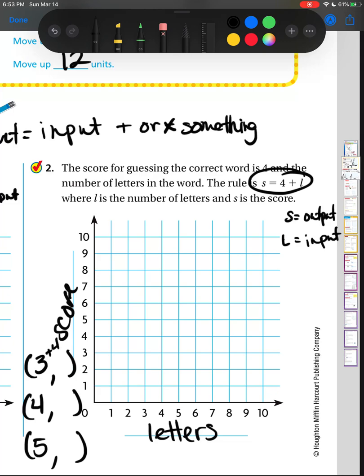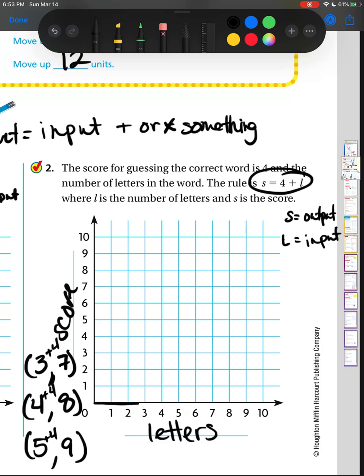So 3 plus 4 gets us our output. 4 plus 4 gets us our output. 5 plus 4 gets us our output. Well, 3 plus 4 is 7. 4 plus 4 is 8. And 5 plus 4 is 9. So now I've got the number pairs 3, 7, 4, 8, and 5, 9.